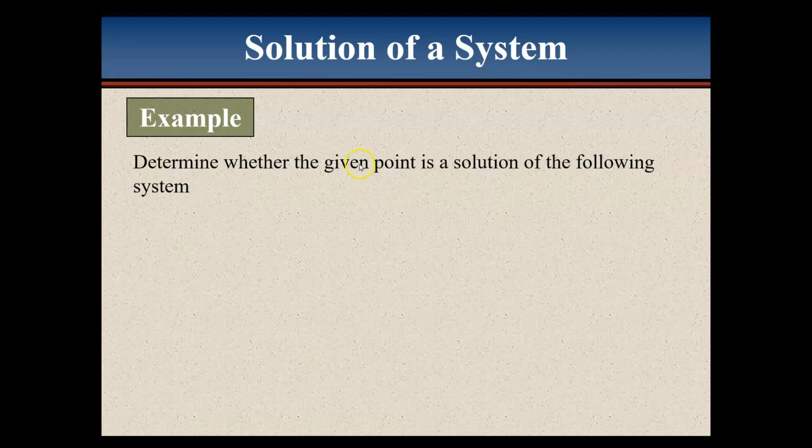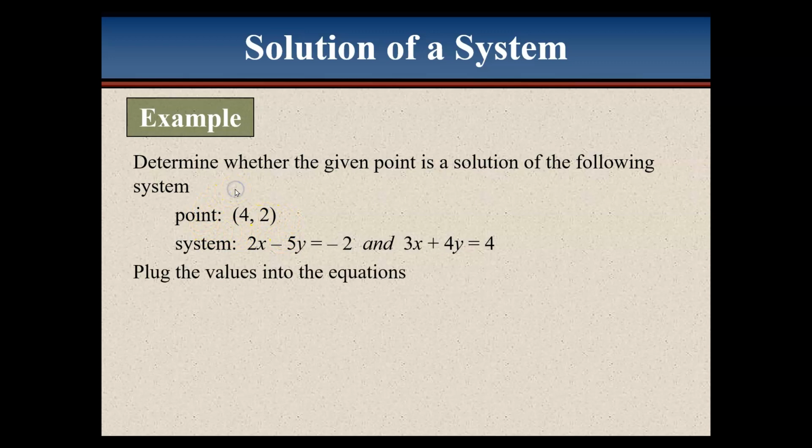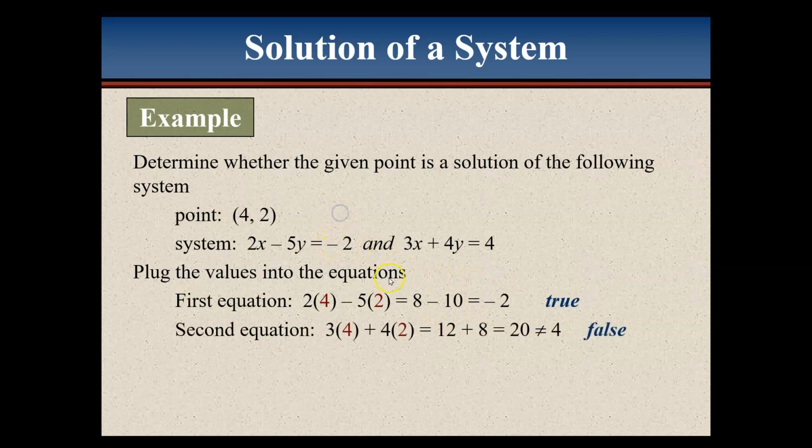we're going to determine whether the following point is a solution to the system. So (4, 2), and we're going to put it into 2x minus 5y is equal to -2, and 3x plus 4y is equal to 4. So we're going to substitute in 4 for x and 2 for y. In the first equation, 2 times 4 is 8, minus 5 times 2, which is 10, and that's -2, and that is true for the first equation.